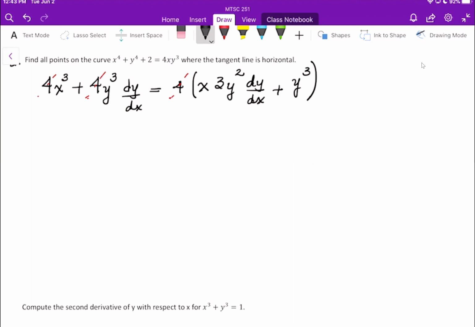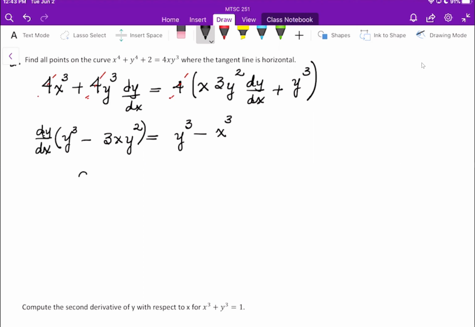And we're going to get y cubed minus 3xy squared is going to equal y cubed minus x cubed. Oh, and this is multiplied by dy/dx.